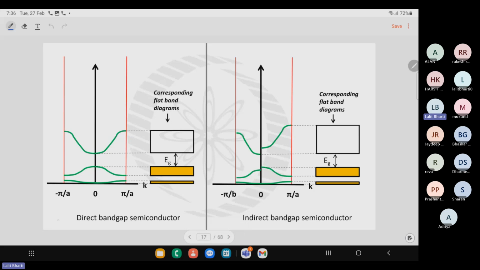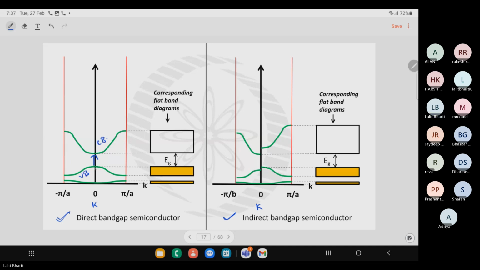So this is again important. What is a direct band gap semiconductor and an indirect band gap semiconductor? Let's say you have these two bands, and this is your k position, k equal to 0. This is your valence band, and this is your conduction band.